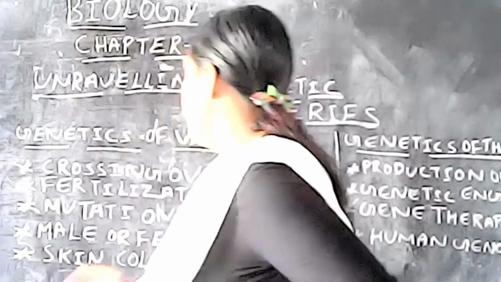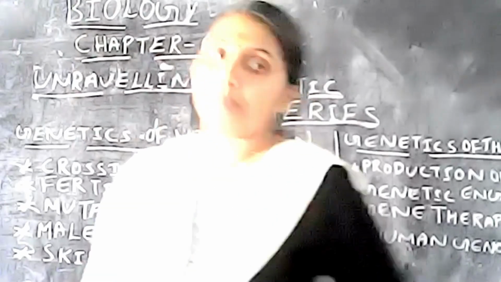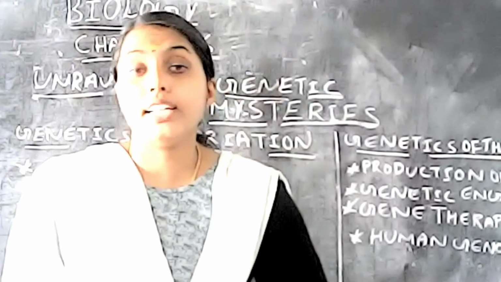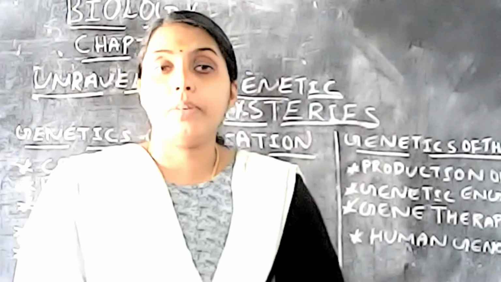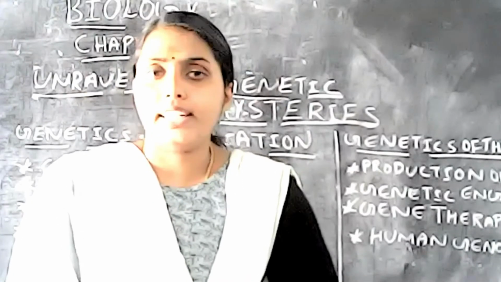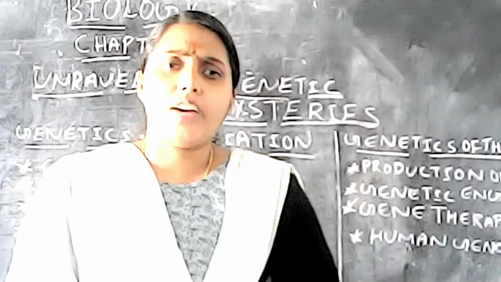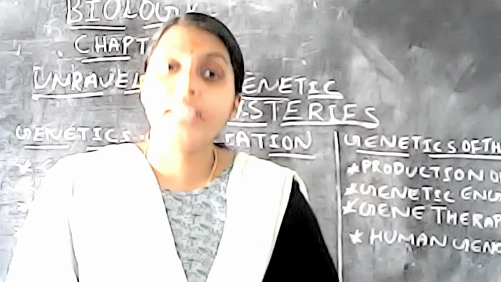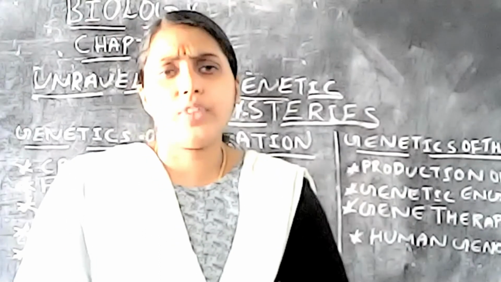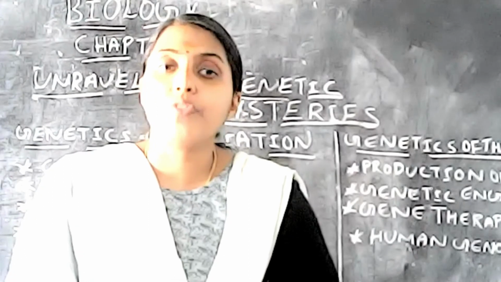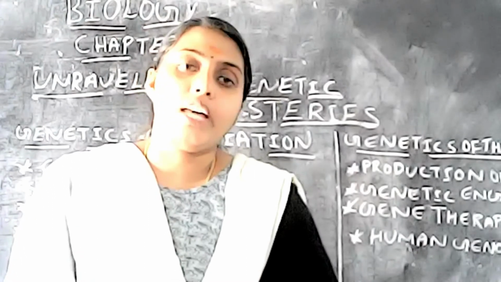Then next is the skin color. We know that we see people with various skin colors. Some will be fair, some will be dark. One of the reasons for that is the presence of melanin. Melanin is a pigment.